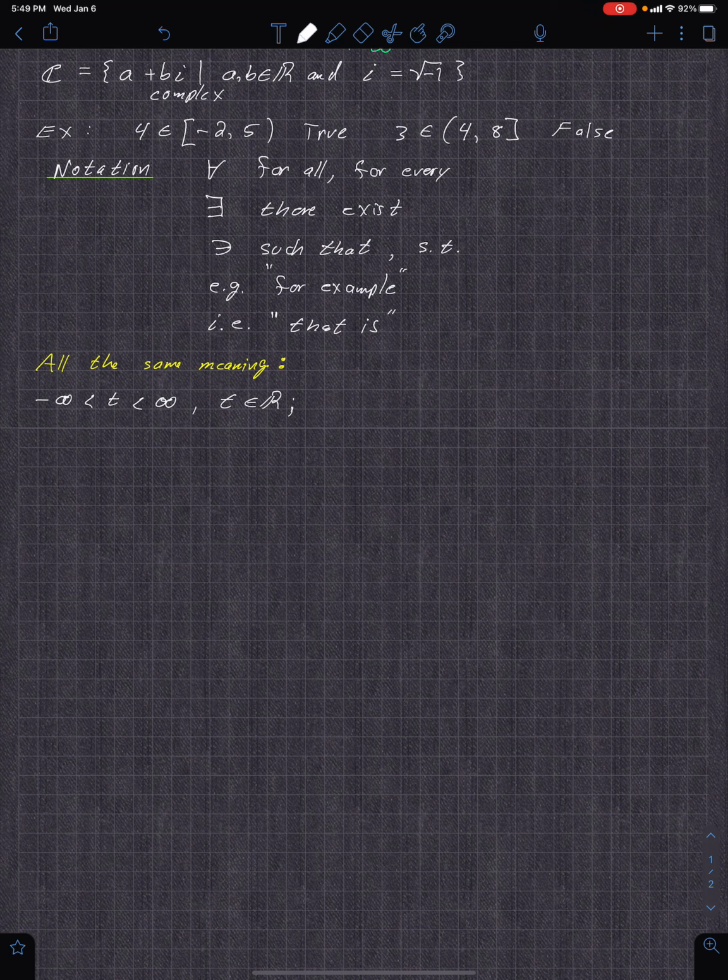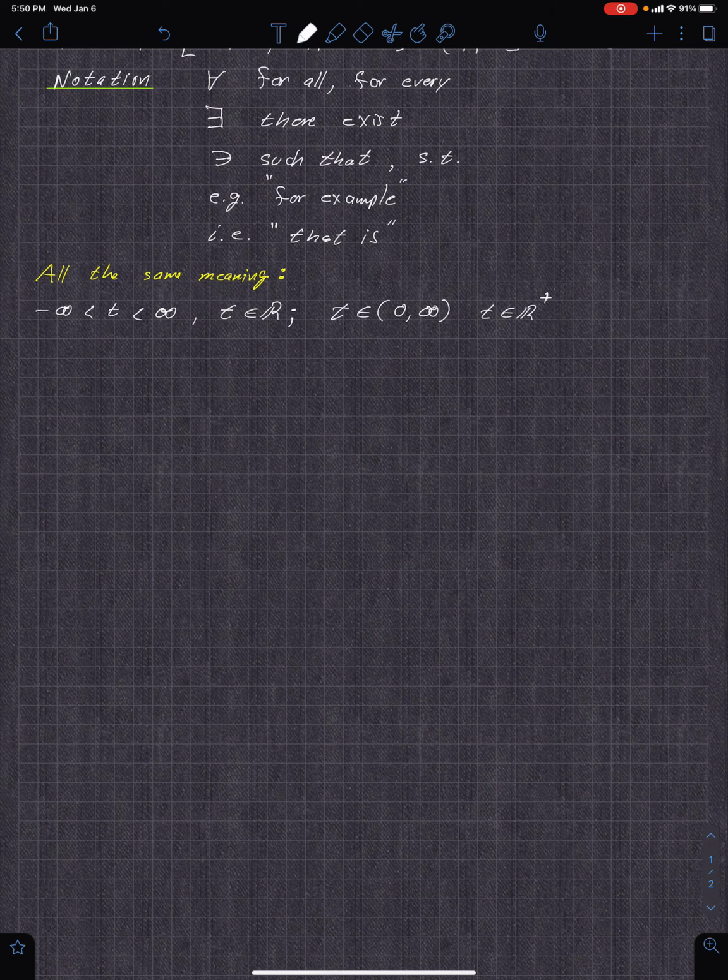Okay, that's the same thing. And then the next case, if I say t is an element of (0, infinity), that's like positive reals. So that uses this symbol, or R plus, like that. You could actually put in 0 if you wanted to.